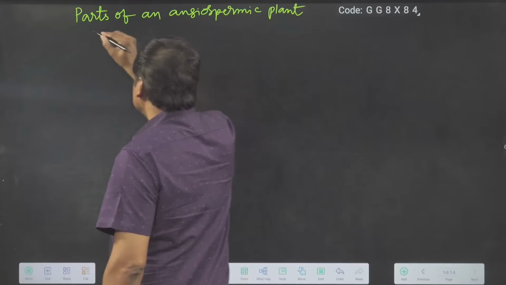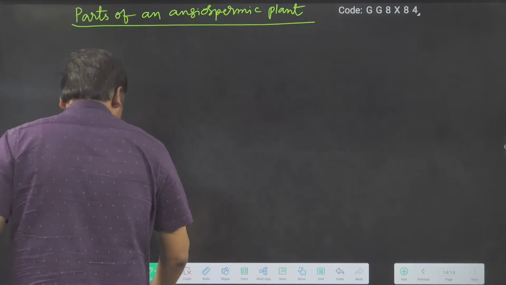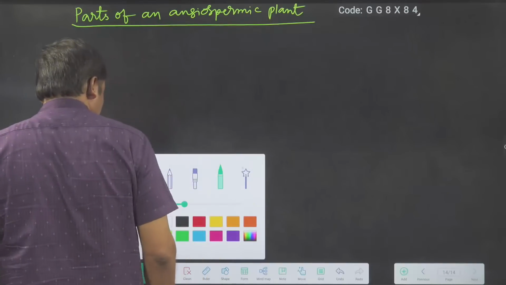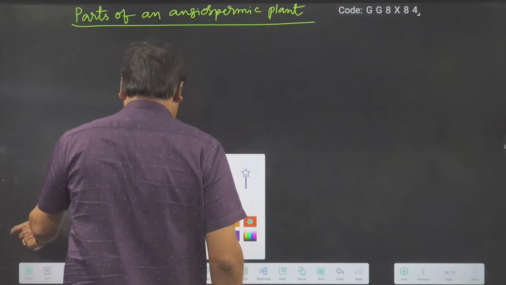Now I will draw a brief sketch of an angiospermic plant so that you can easily understand the different parts of an angiospermic plant.